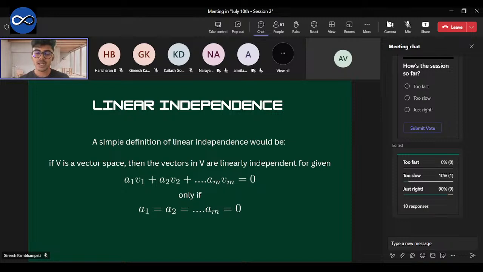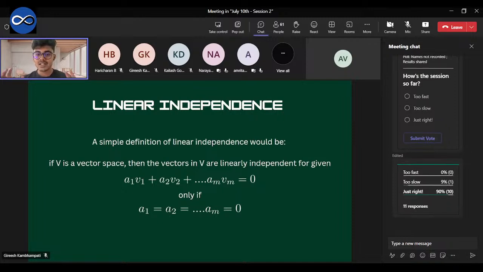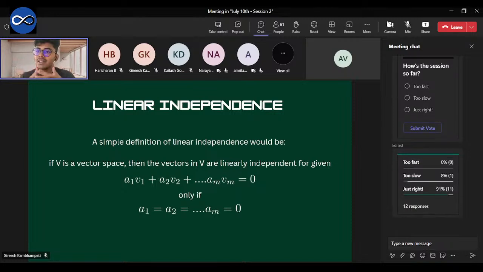That is the condition for linear independence. What it really means is that the only constant that connects a relation between these vectors is 0. I think you will understand much better with an example. So you can move to the next slide.